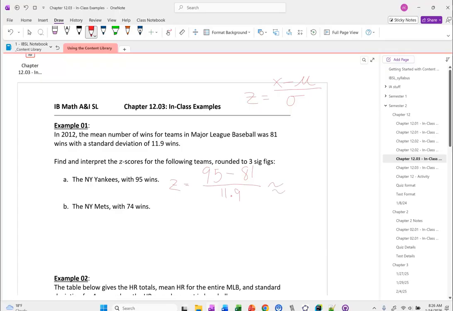I will complicate things way too much. So then 1.20.